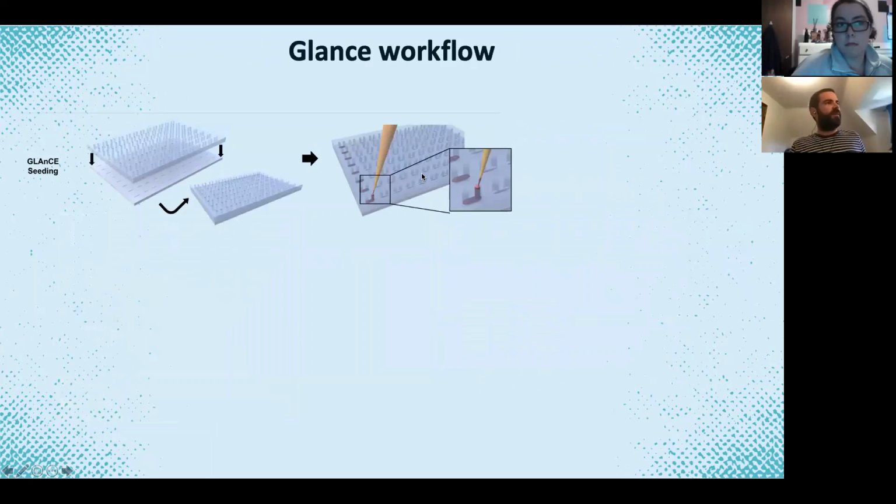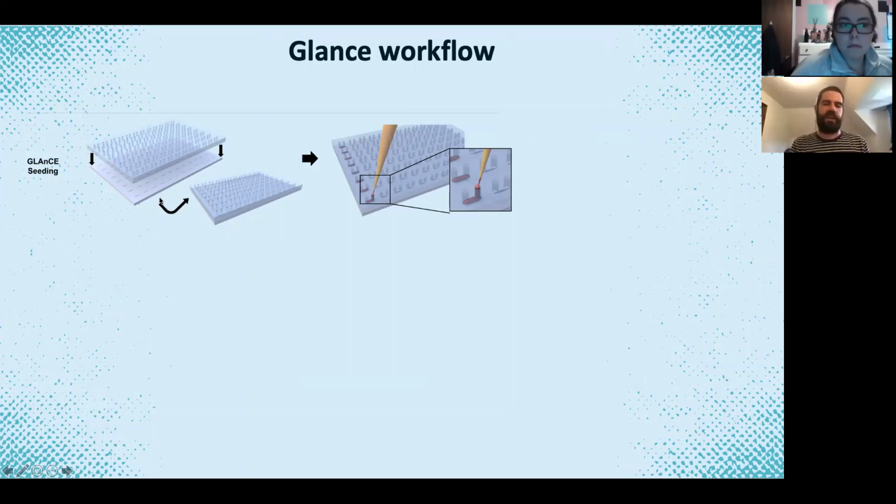So how does GLANCE work? Basically it uses a microfabrication approach to make really tiny and really thin channels of hydrogel. In this channel, you have two cell types. So you can have, let's say, cancer cells on the right and fibroblasts on the left. Here you see a little bit more about how we did it.